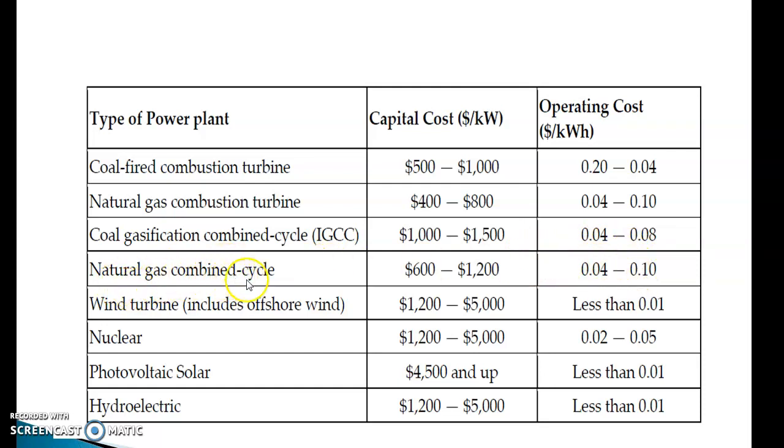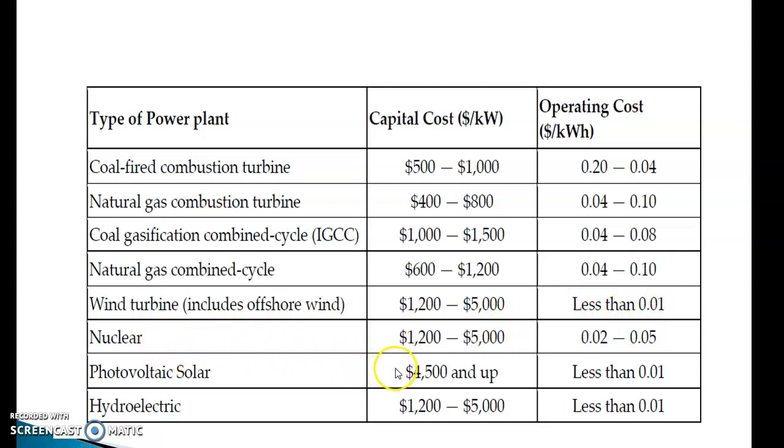Natural gas combined cycle: 600 billion to 400 billion, that is 600 million to 12 million, operating cost 0.04 to 0.10. Wind turbine, including offshore wind: 1200 billion to 5000 billion, operating cost less than 0.01.